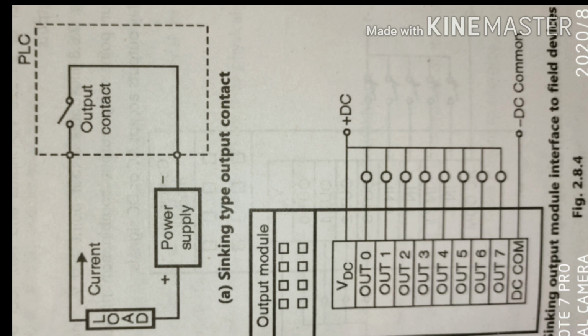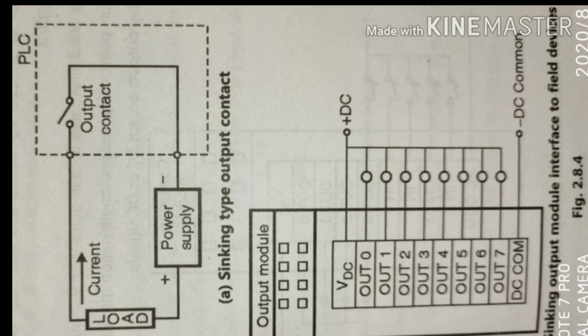Okay, the first figure shows the sinking output module, where the current from the positive terminal of the DC power supply flows first through the output device to the output module, and then to the common terminal. So here the output module is sinking current from the output device, so it is a sinking output module.